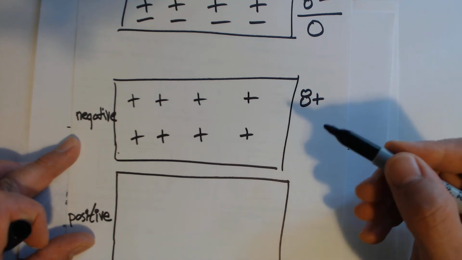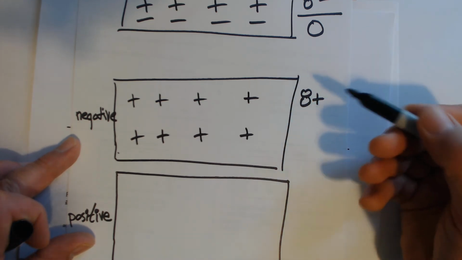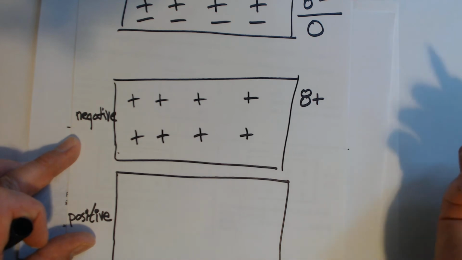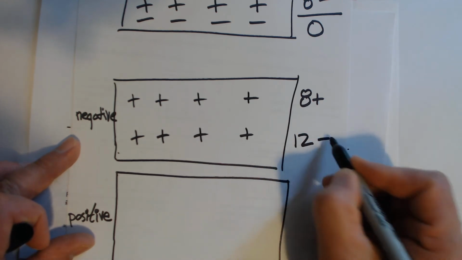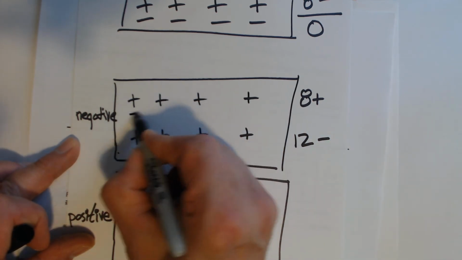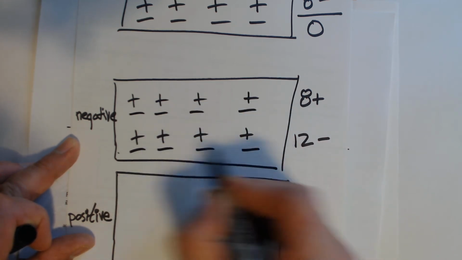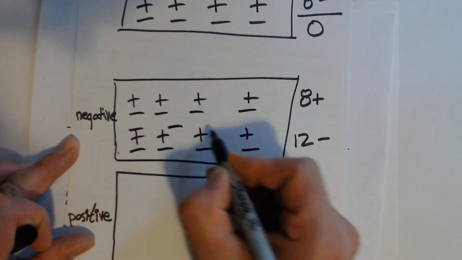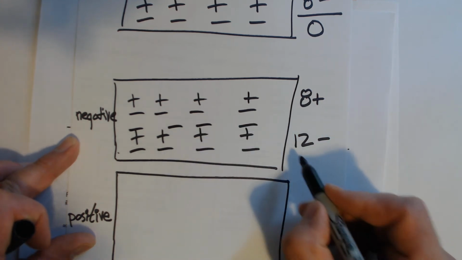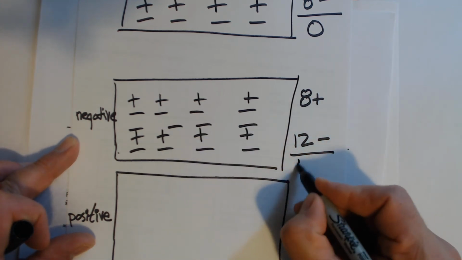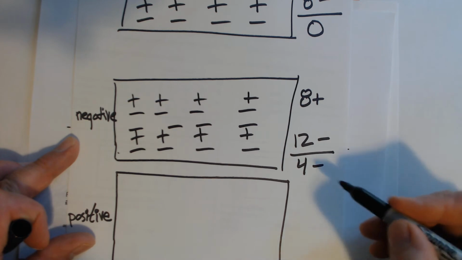I typically just add another 4. So 8 plus 4 is 12: 1, 2, 3, 4, 5, 6, 7, 8, 9, 10, 11, 12. So now it actually has 4 extra electrons, so it's negatively charged.